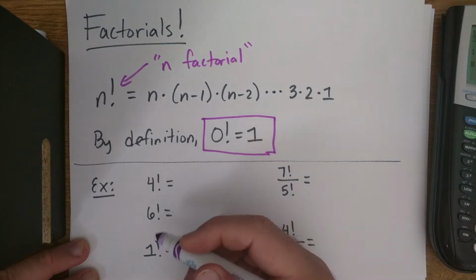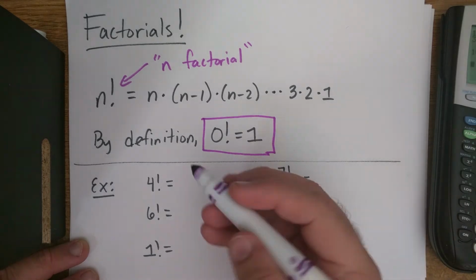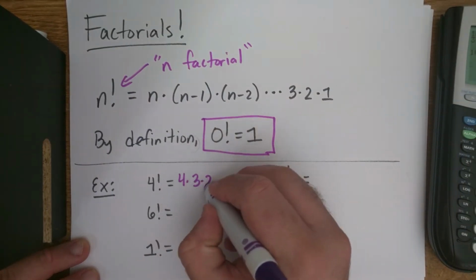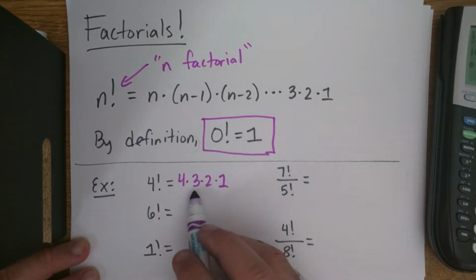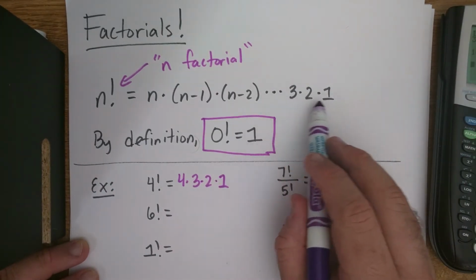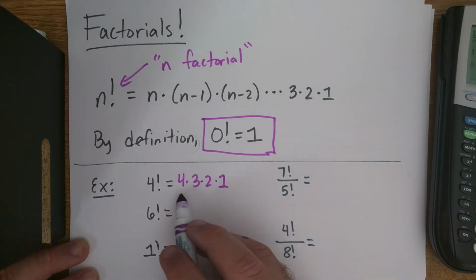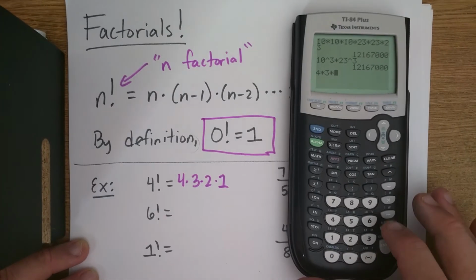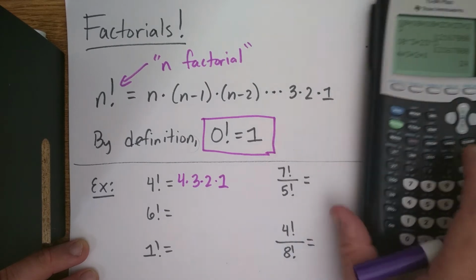So let me show you how to do factorials real quick. It's actually very easy. 4 factorial is 4 times 3 times 2 times 1. Again, notice that we ended in 3, 2, 1 like the definition said. So we just multiplied 4 times 3 times 2 times 1. We get 24.